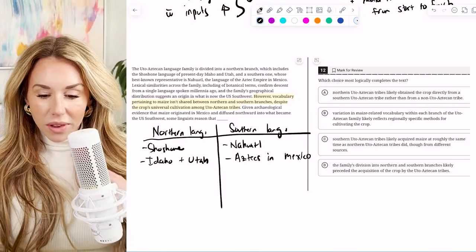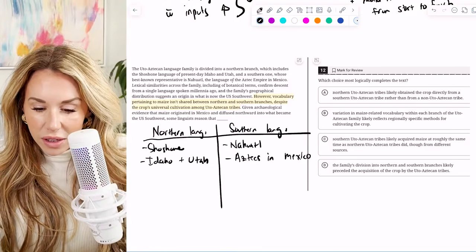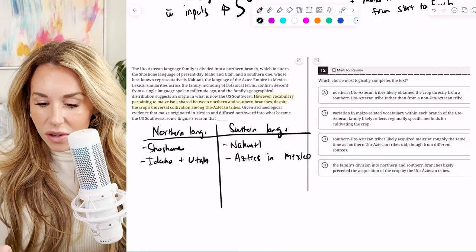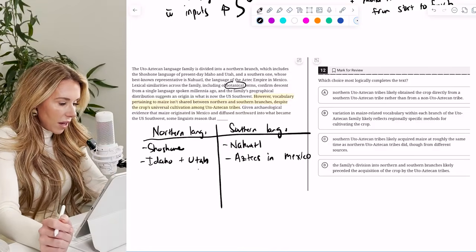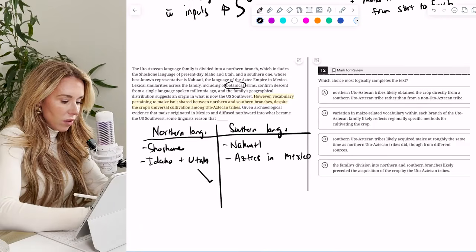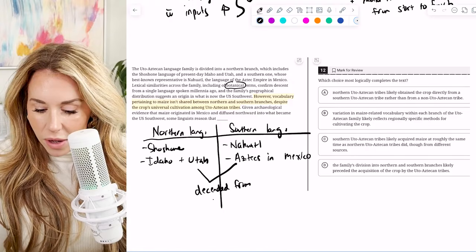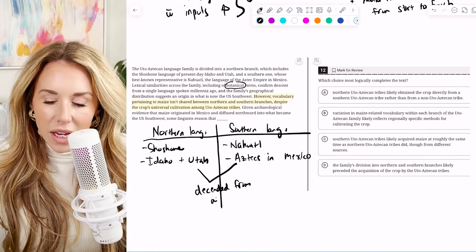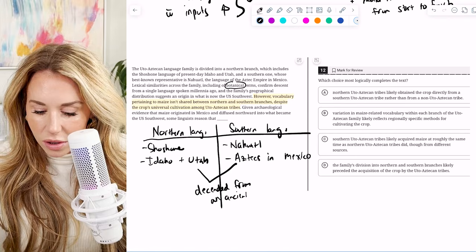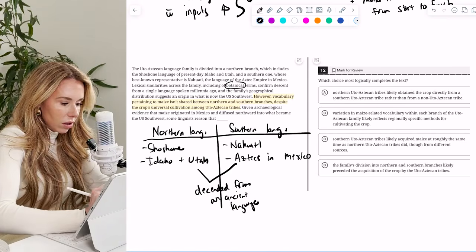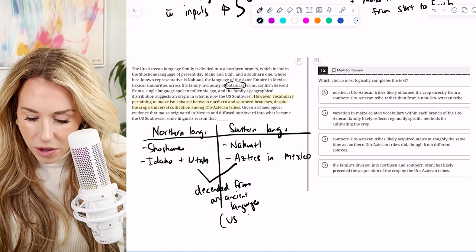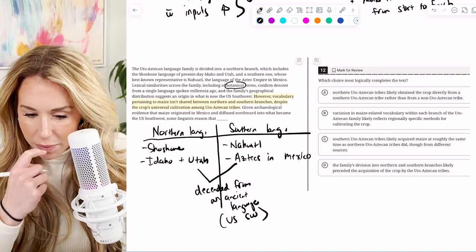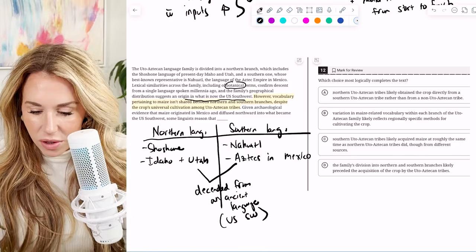Okay, lexical similarities across the family, including of botanical terms. Botanical means like plants. Confirmed descent from a single language spoken millennia ago. Okay, so descended from an ancient language from the US Southwest, because it says the origin is what is now US Southwest. Okay.